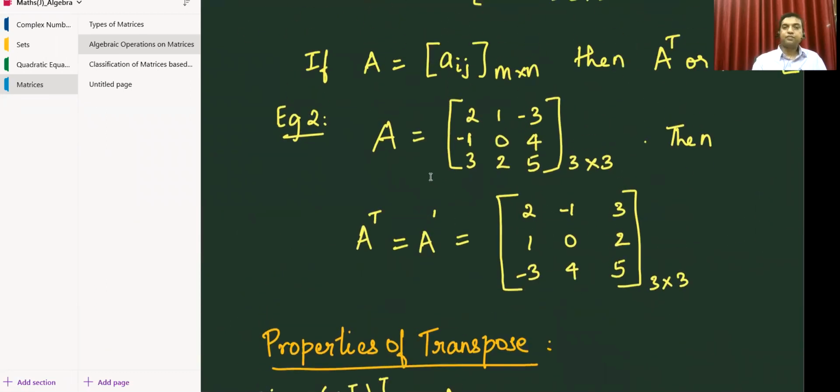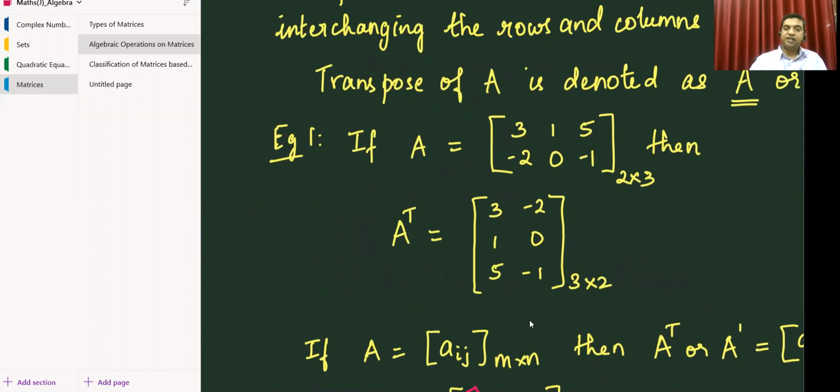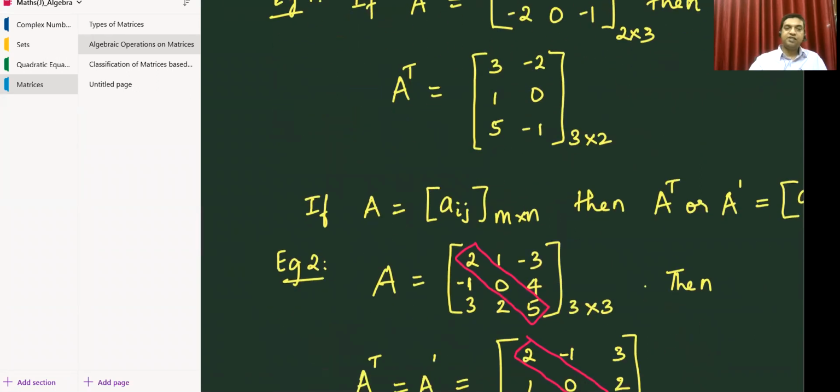Because what is transpose? Row becomes column, column becomes row. So Aij becomes Aji.